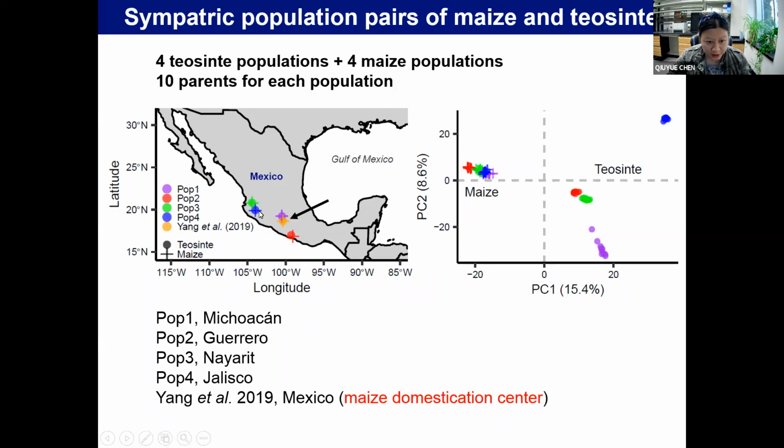In each population, there are 10 parents for both maize and teosinte. The principal component analysis shows that there is strong divergence between maize and teosinte, and also among populations within teosinte and maize.